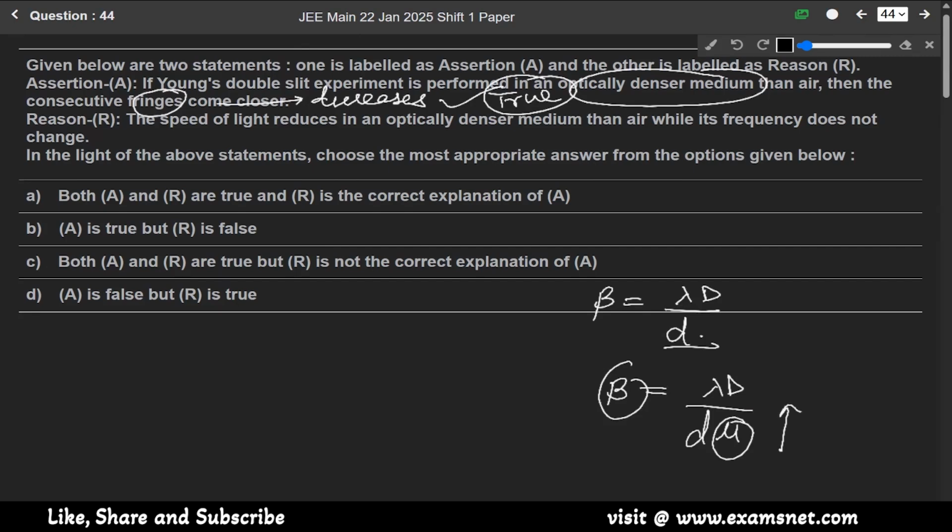And reason is given as the speed of light decreases in optically denser medium than air while its frequency does not. Yes, as the refractive index increases, the speed of light decreases. So reason is the correct one for this assertion. So the option A, that is both A and R are true and R is the correct explanation of A, is the correct answer.